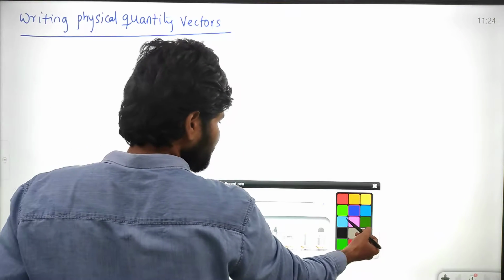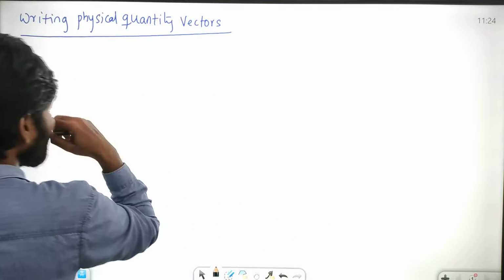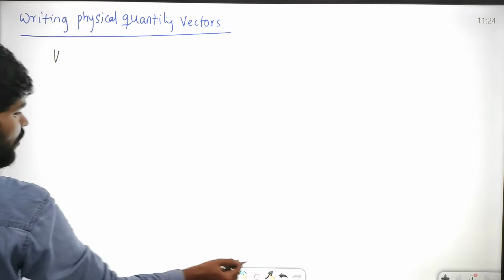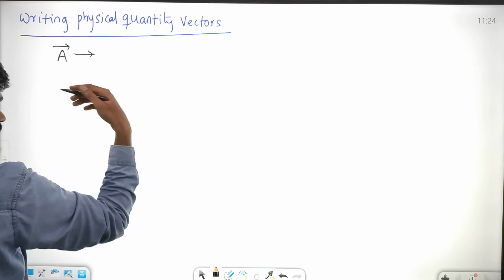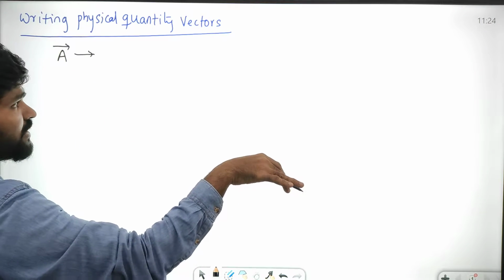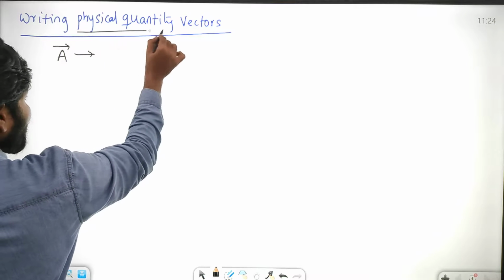So we already know what a vector is, right? A vector has both magnitude and direction. What are some examples?